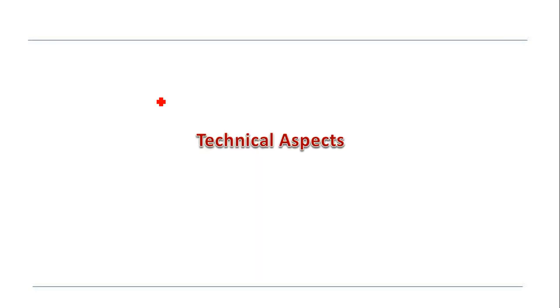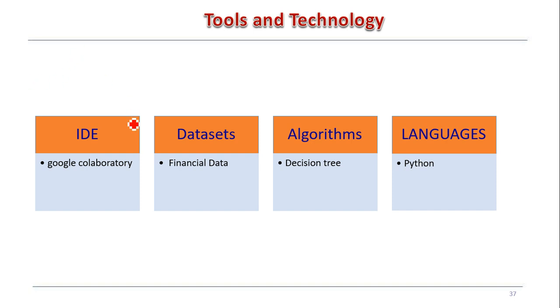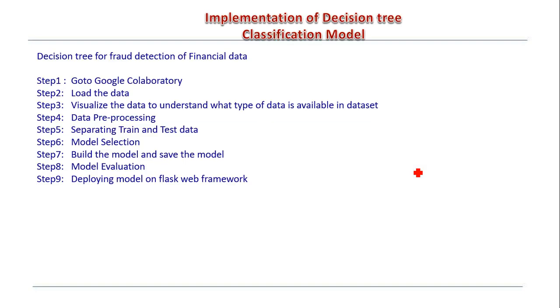Coming to the technical aspects, I used the IDE Google Colaboratory for doing this project. I collected the data, which is financial data. The algorithm I used is the decision tree, and the language I used is Python: decision tree for fraud detection of financial data.